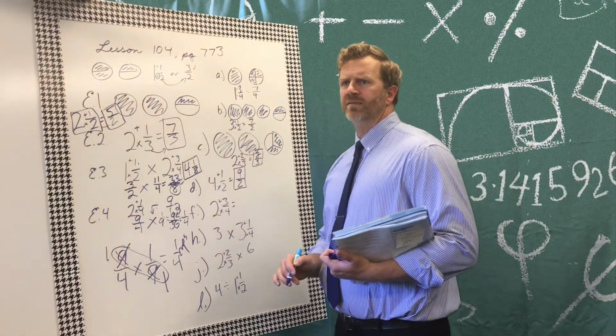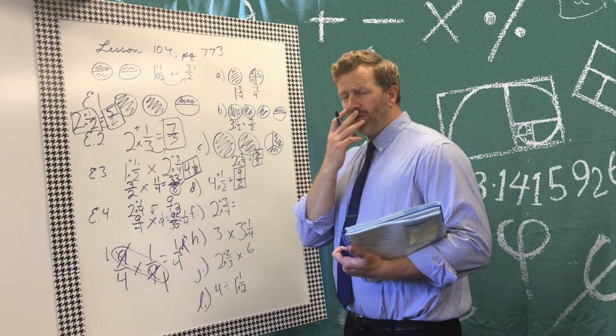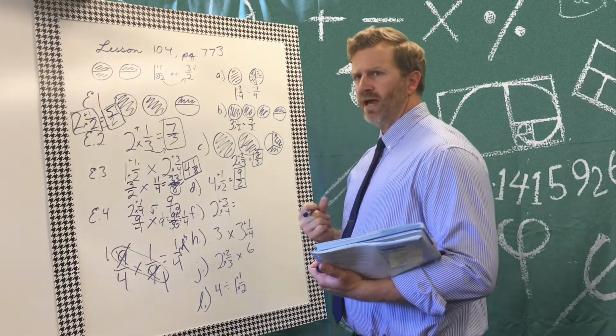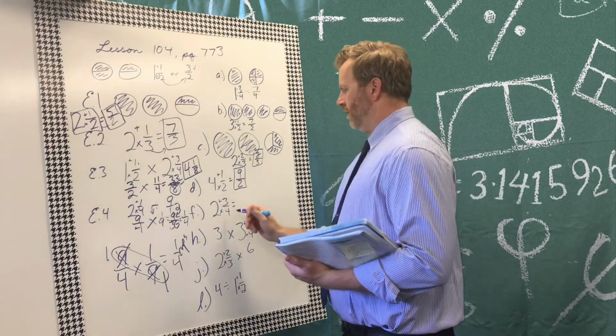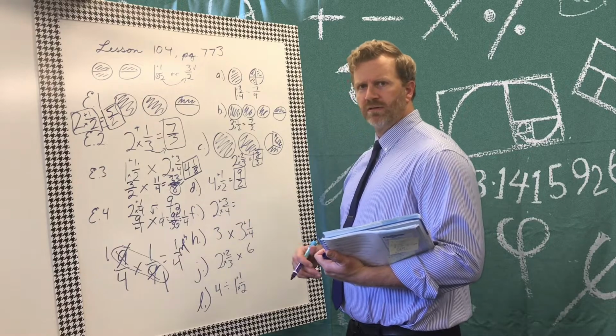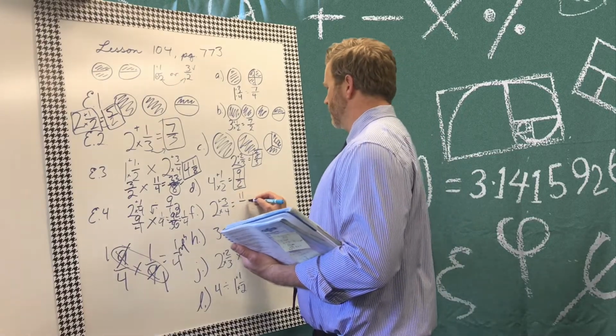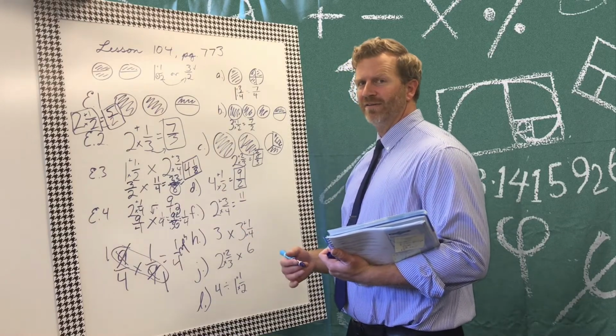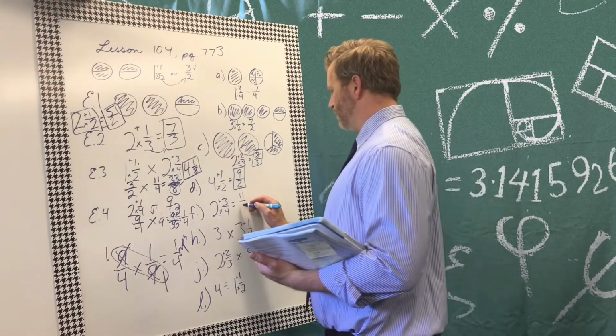On to the next one. Cassidy, help me out here. All right, what's 4 times 2? 8. Okay, what's 8 plus 3? Absolutely. And then remember, it's got to be over that same denominator. What's my denominator here? 4. Sweet, so we're going to put a 4 underneath that thing.